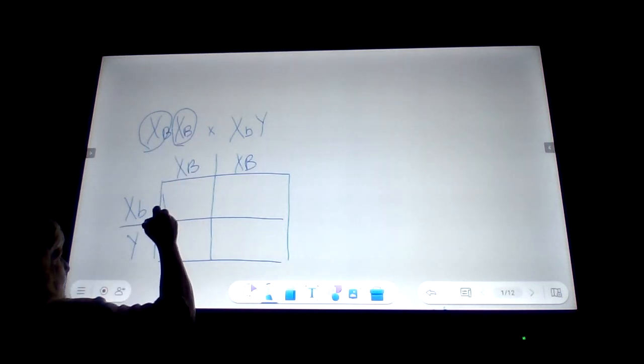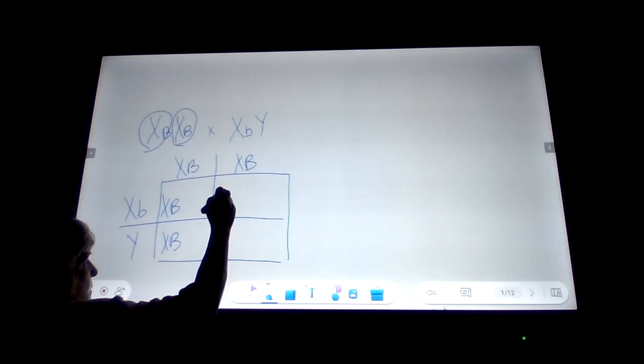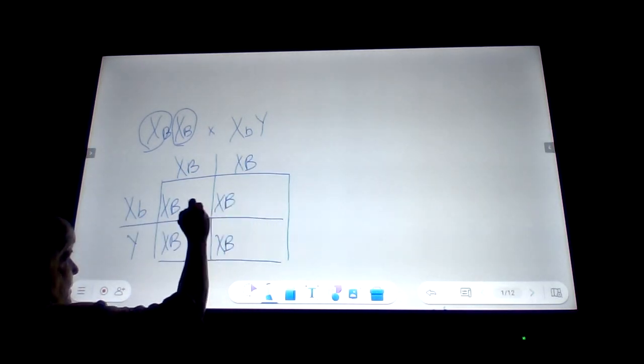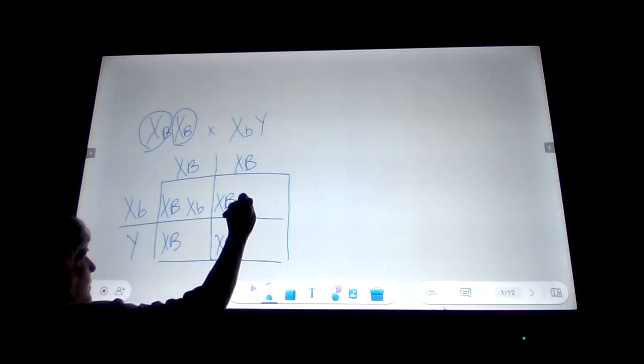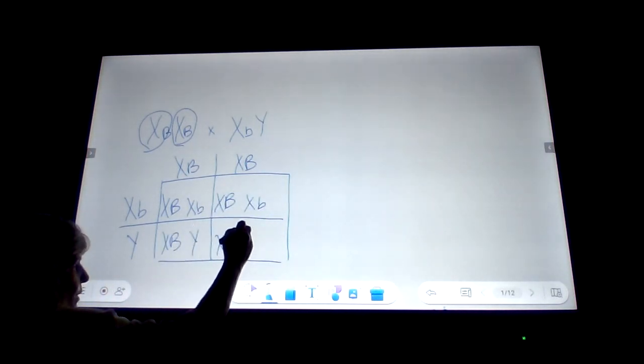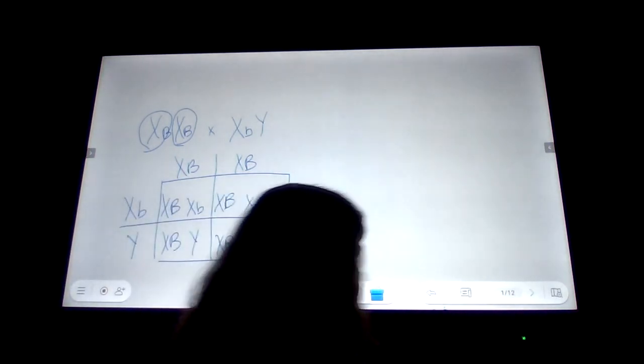Okay, we're going to carry everything down. We're going to carry everything across, again, just like we've been doing. In this case, we're going to carry the Y's across. And that's our probabilities for our offspring.